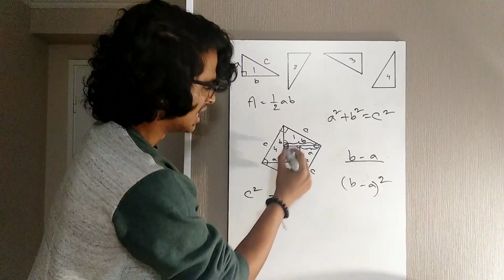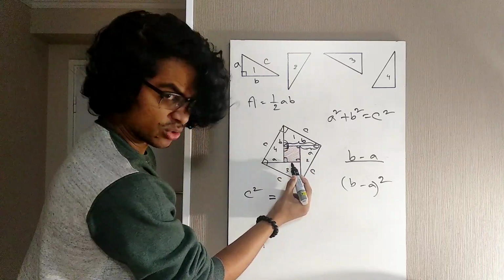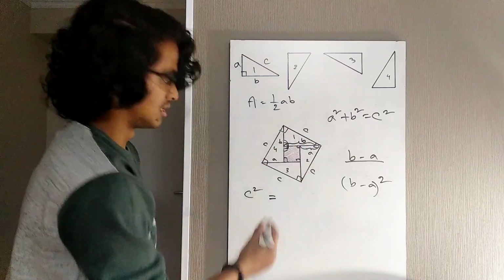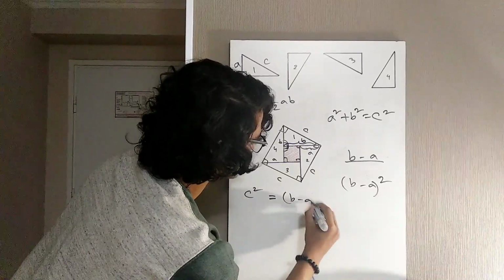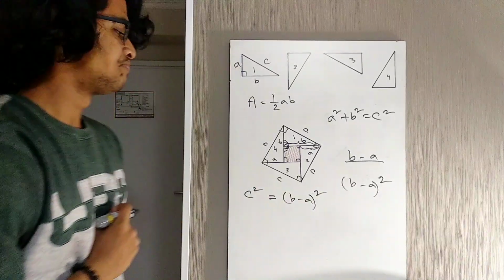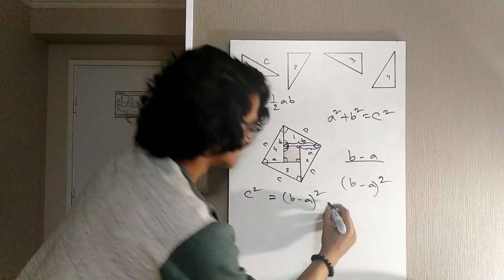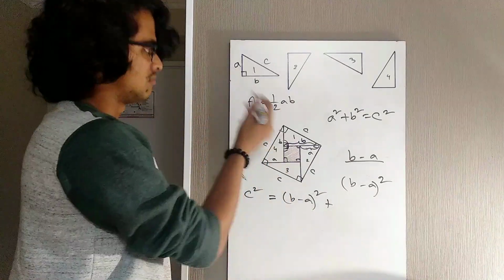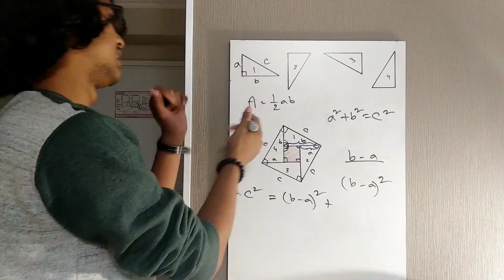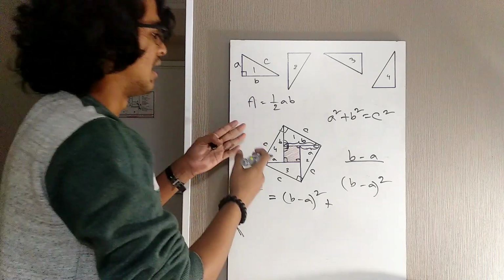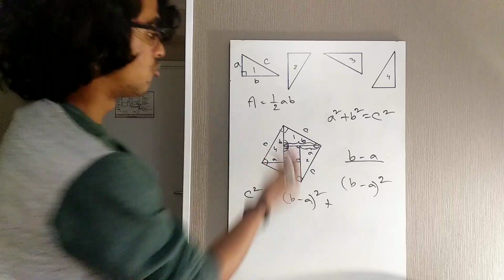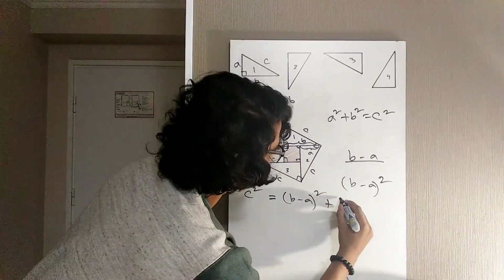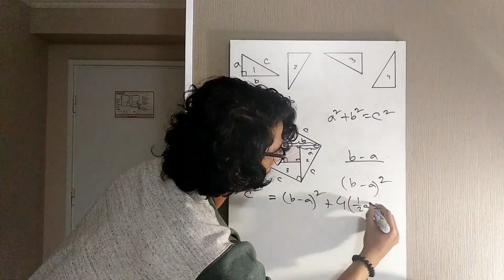c square is equal to the area of the smaller shaded square and the area of all the four triangles. The area of the smaller square you already saw is b minus a whole square, right? Plus, we already showed that the area of each triangle is half ab, and we have four triangles here, so the combined area is 4 multiplied by half ab.